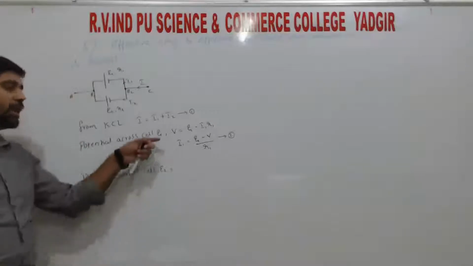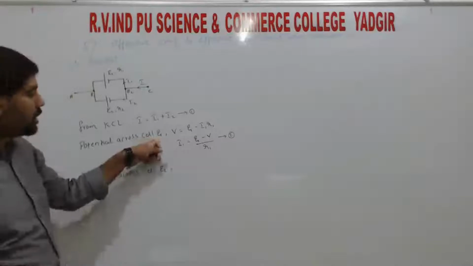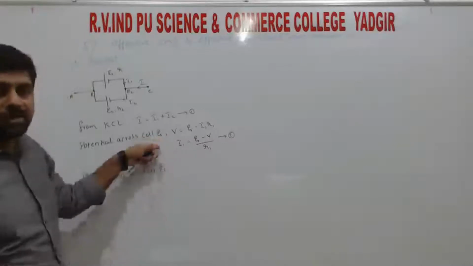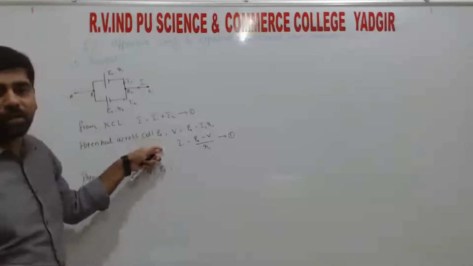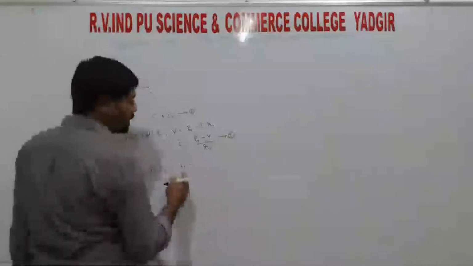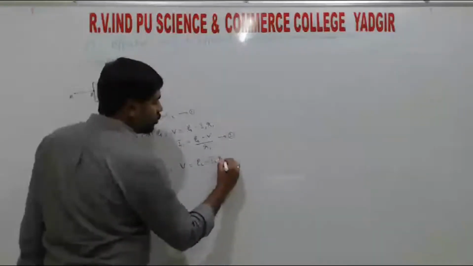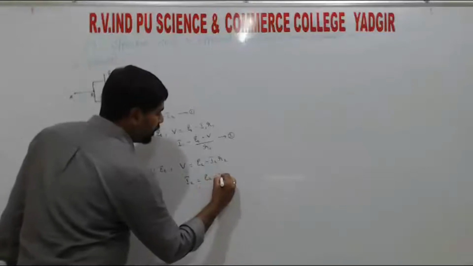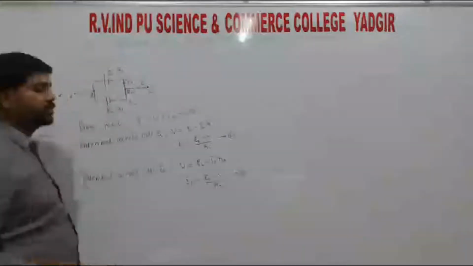Here in some places capital E is also used for electric field, so for cells we use the epsilon symbol to represent the EMF of the cell, right? Across E2 again the potential is the same, so V is equal to E2 minus I2 R2. From this, I2 is equal to E2 minus V divided by R2, called the third equation, right?